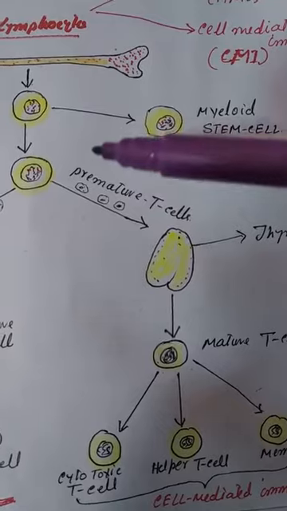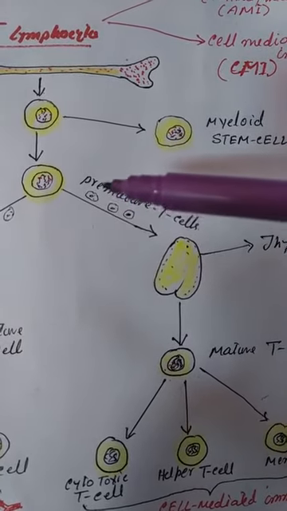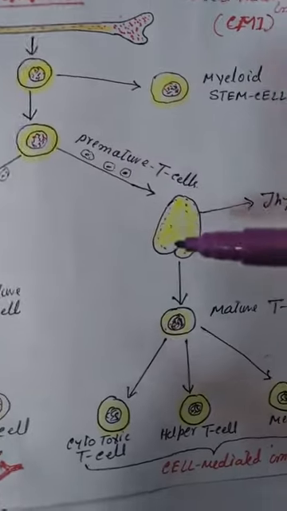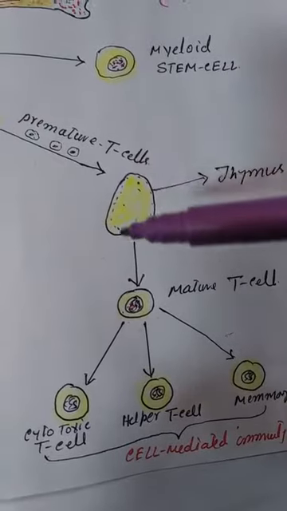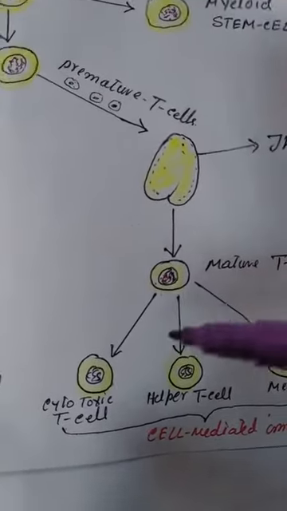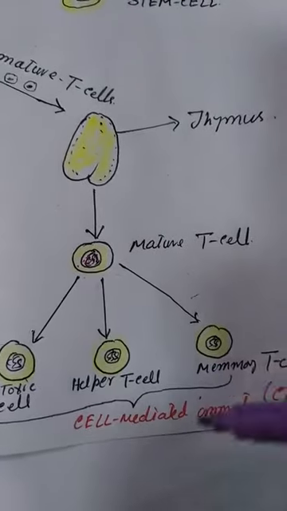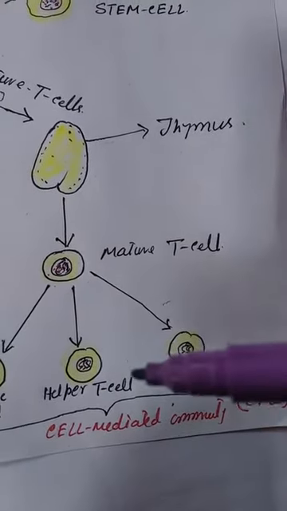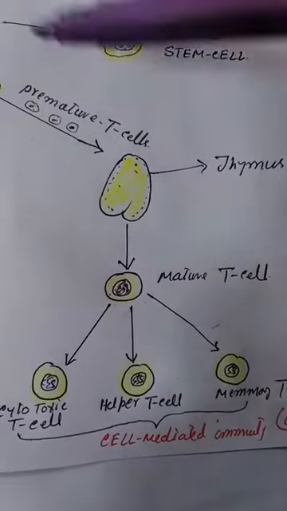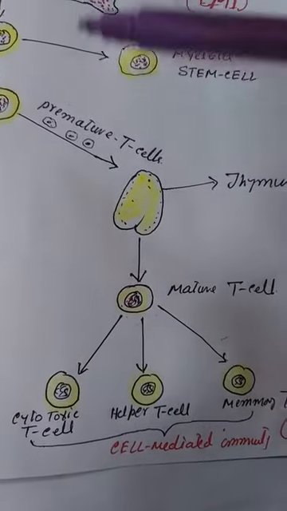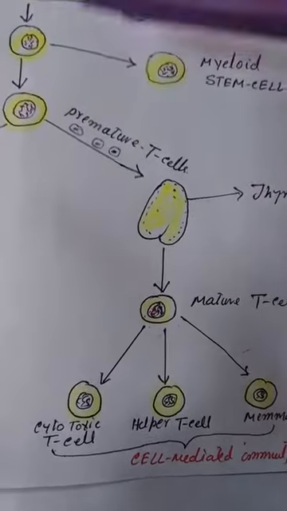That is why their name is T lymphocyte, because their maturation takes place in the thymus. These mature T cells then finally differentiate into cytotoxic T cells, helper T cells, or memory T cells, which form part of this acquired immune defense mechanism.